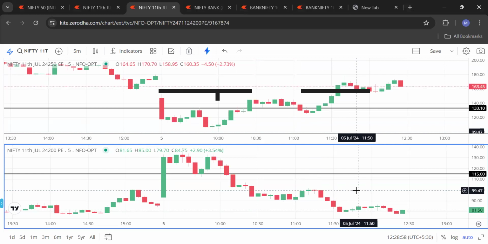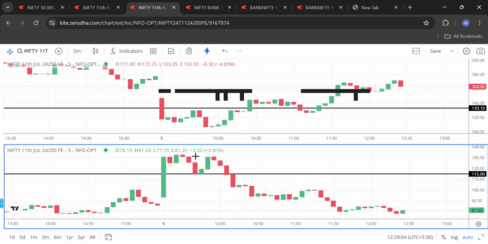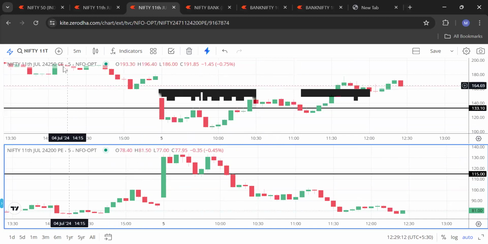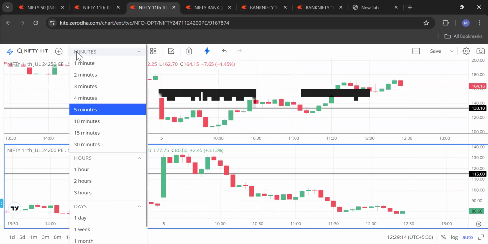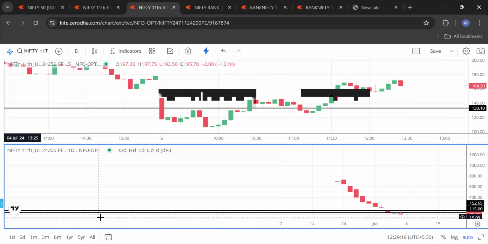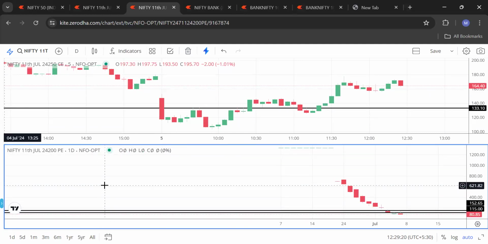Now, suppose having found this, we take a position here because we know they should be equal and opposite. This is the lower line, you see. It never went above the upper line. The upper line is at 152.65.